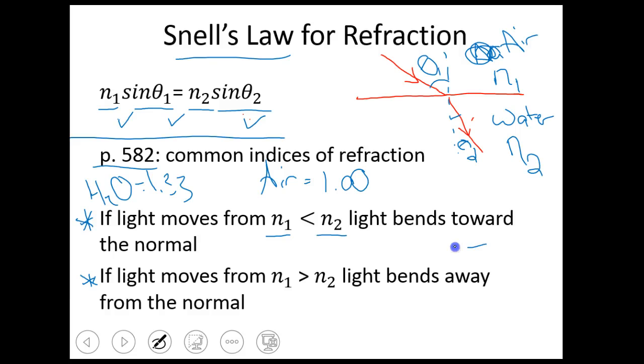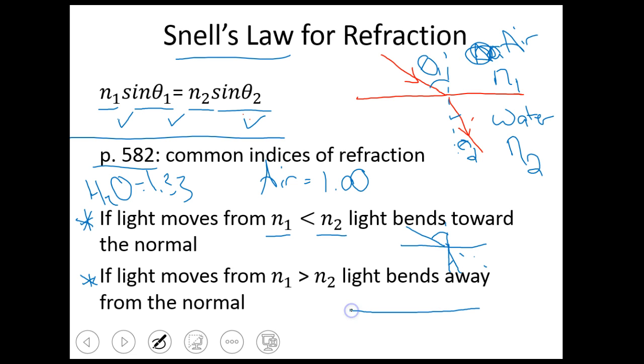If I have this situation where light is coming in, instead of going straight, we've got our normal here, that light is going to bend towards the normal, making a smaller angle here than the angle of incidence.